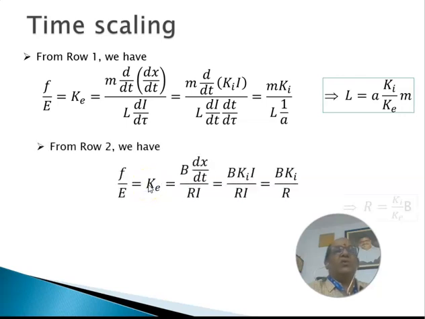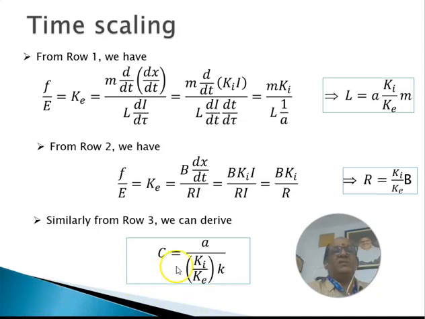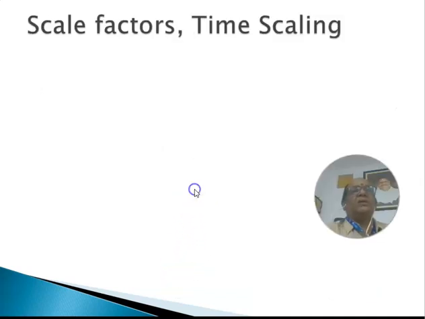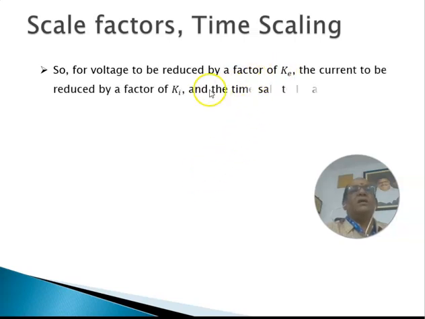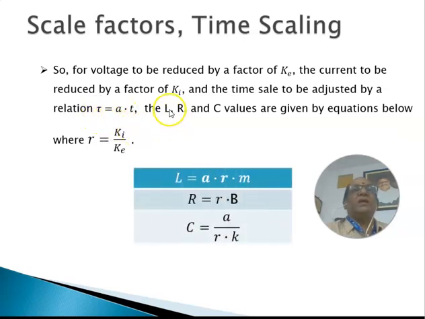Similar thing we can do for row 2, that is for damping. F by E is Ke, B dx by dt by R i. So Ke is equal to B Ki by R, so R is equal to Ki by Ke into B. By a similar exercise from row 3, we can find capacitance is equal to A by Ki Ke K. So when we are trying to build an analogous system that gives a voltage scale factor of Ke, a current scale factor of Ki, and the time adjusted by the equation tau is equal to A t, we can have L, R and C values as given.